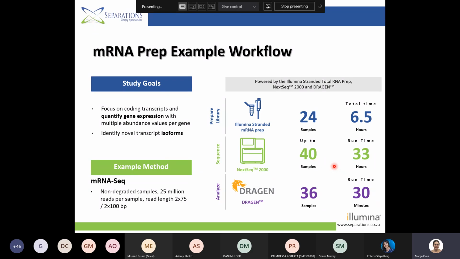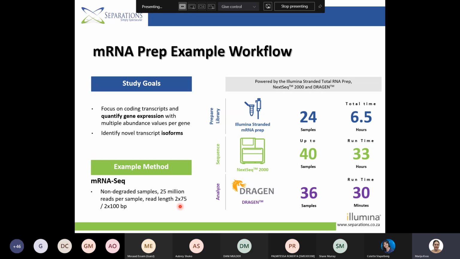So let's look at an example of a specific workflow. If our study goal is to focus on coding transcripts and quantifying gene expression with multiple abundance values per gene, or to identify novel transcript isoforms, we will obviously employ mRNA library prep. We mentioned that we will look into 25 million reads, because when we prep mRNA it's really short, so we don't have to employ a long read length.